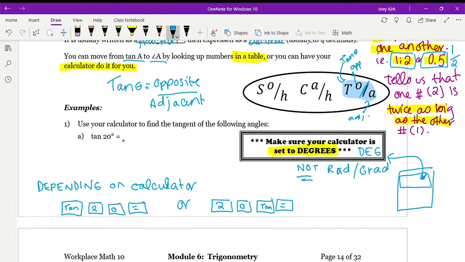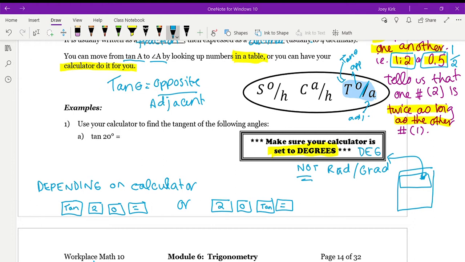Let me just see my calculator here. My calculator app has a scientific mode, okay. So for instance, if I wanted to do tan of 20, usually they have SOHCAHTOA, or sine, cos, and tan buttons.